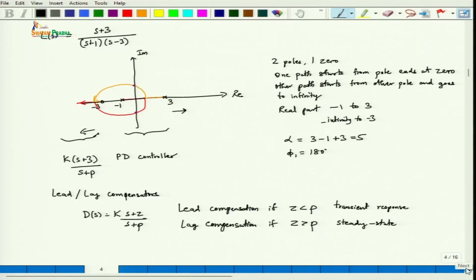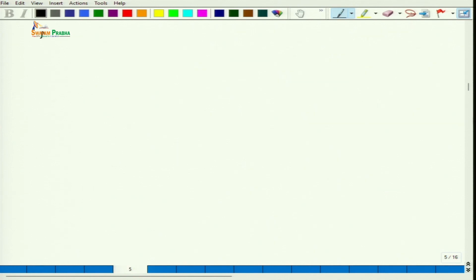So let us consider the scenario where we take that our maximum overshoot should be less than or equal to 20%, and similarly the rise time should be less than or equal to 0.3 second. We know Mp is equal to e to the power minus pi zeta divided by square root of 1 minus zeta square.